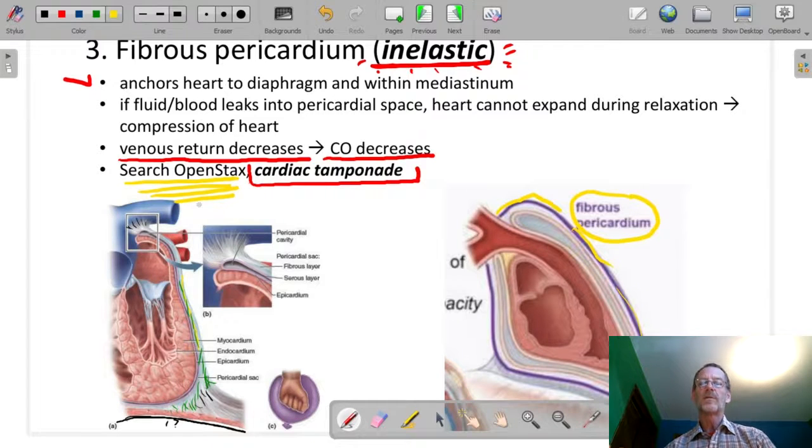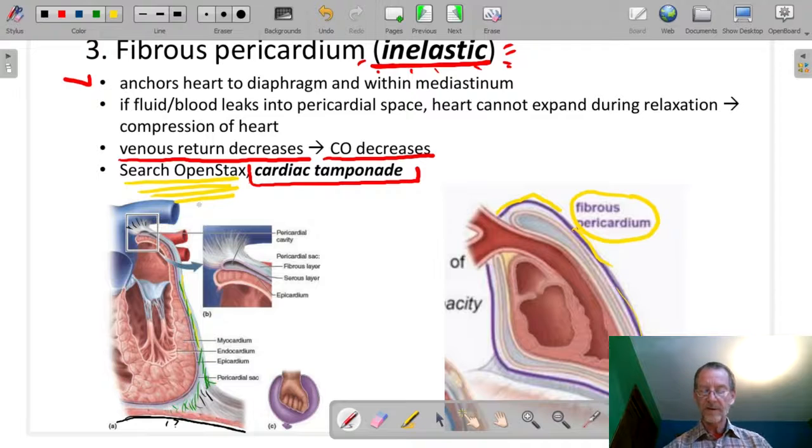So open up Learner, click on the Learn tab, and that will open up the book, and then find the little magnifying glass icon for search, click that, type in cardiac tamponade or whatever else you want, and that will take you to that discussion in the book. And you can click to either go to the next place where that term is found or the previous. So play around with that, because I'm going to make reference to that several times. Okay.